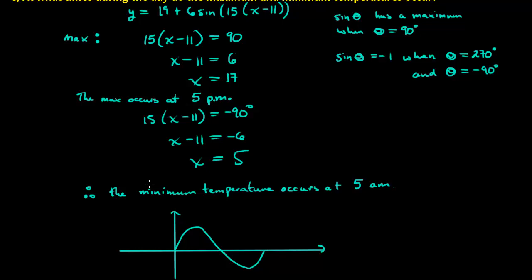Now the distance between the maximum and the minimum should be half of the period. Here, the maximum occurs at 5 p.m., the minimum occurs at 5 a.m. Since a full period is 24 hours in this problem, half the period is 12 hours. So if you just add 12 hours to 5 p.m., you will get the minimum. So it makes sense when we think about our sine curve as well.